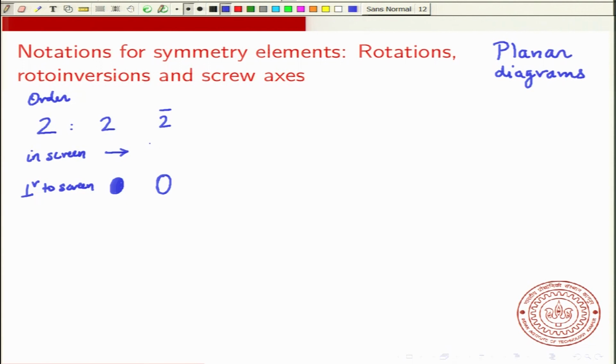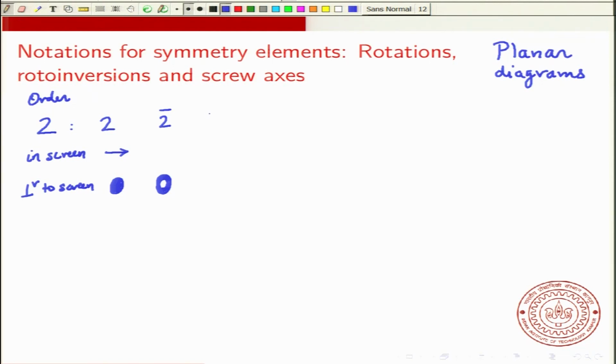So if you have a 2 bar that is a two-fold axis plus an inversion, then you show it using this symbol. It's like this oval, but there is a small hole inside to show that there is an inversion. Now there are other two-fold axis that you could have.